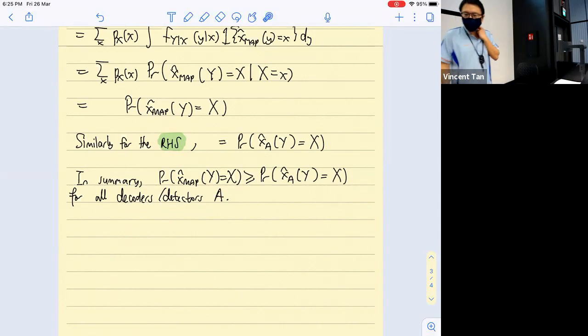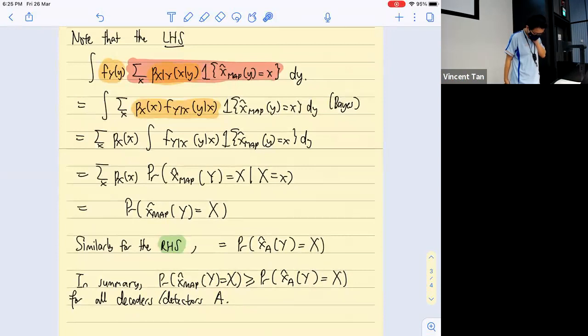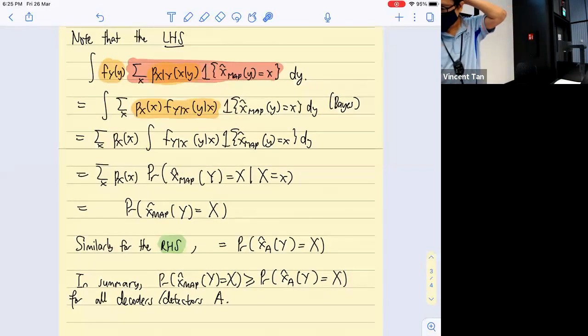Any questions from the people on Zoom? Zheng Tian asks whether X hat is the estimated value of X from Y. Yes, using the map rule. So it is not any arbitrary estimator.